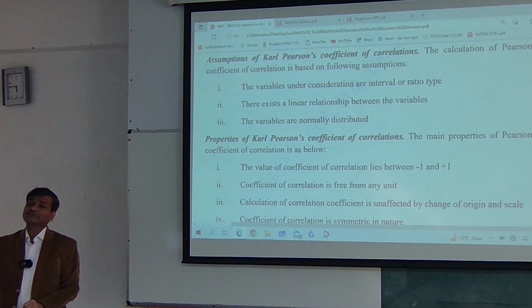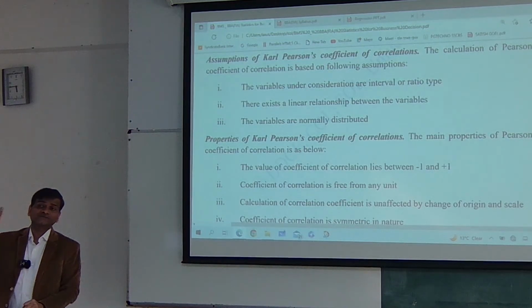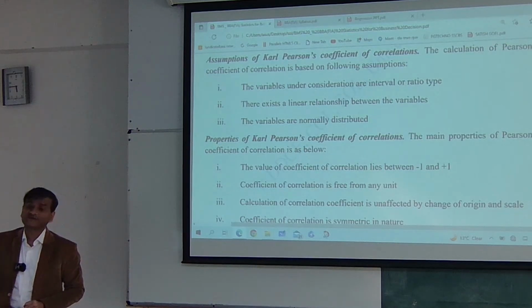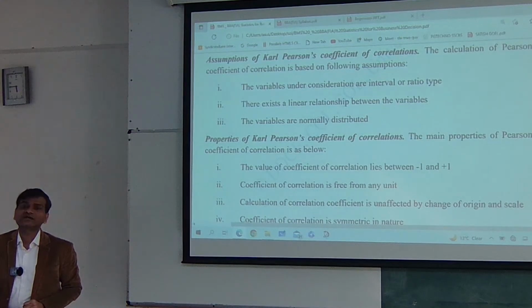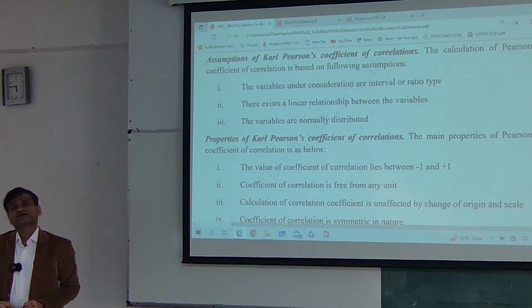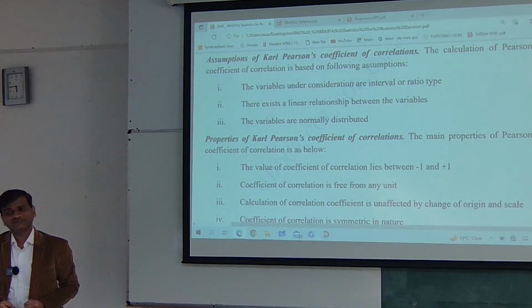If you have to calculate Pearson's correlation coefficient, your data must be in the form of ratio or interval only. If your data is in the form of ranks, which is ordinal data, then you cannot calculate the correlation coefficient with this formula.